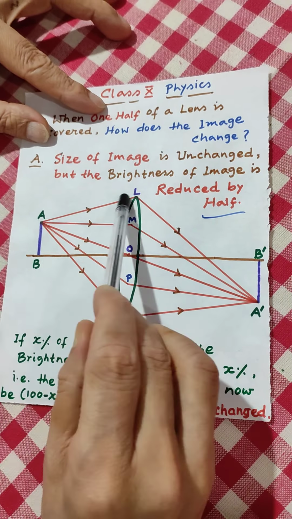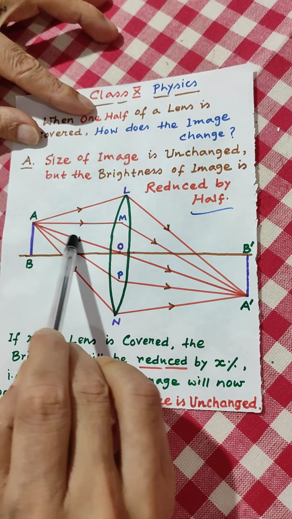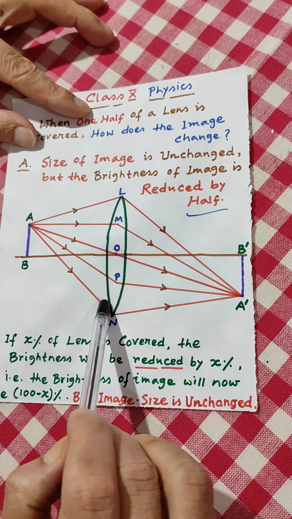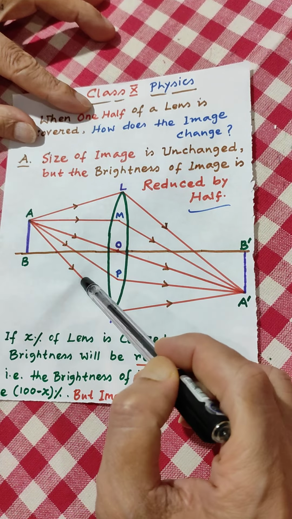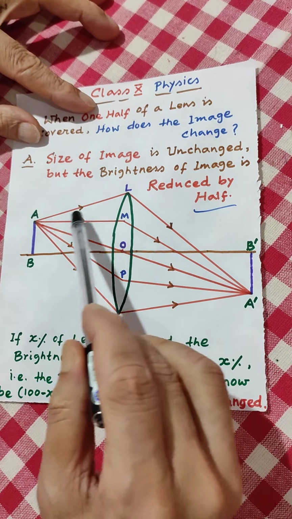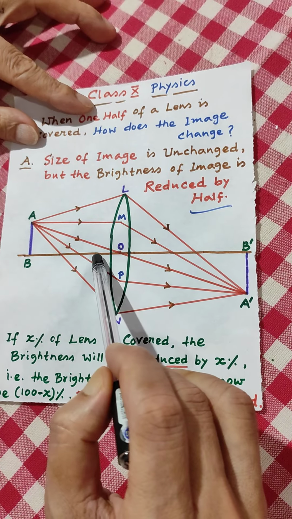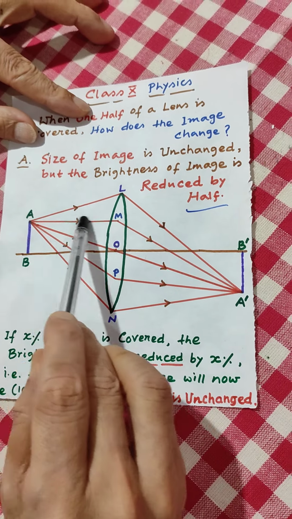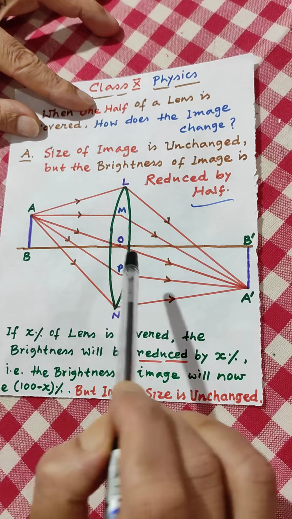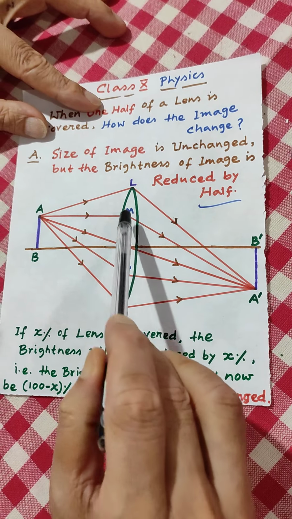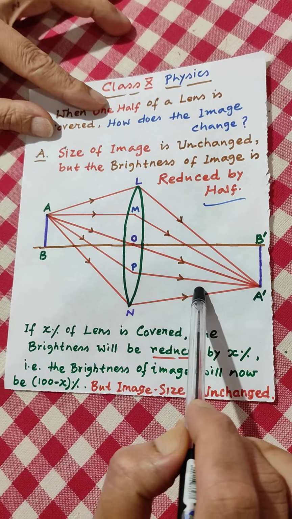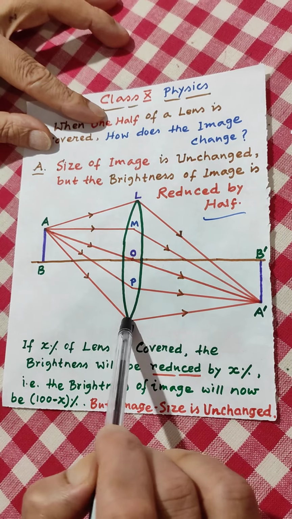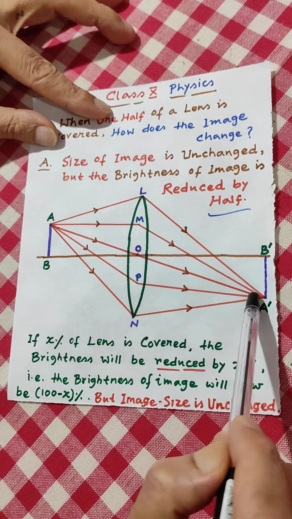Now A is the object point. From A, innumerable rays are falling on the lens. Here I am showing you only 1, 2, 3, 4, 5 incident rays, but there are thousands and millions of incident rays. If there are 1 million incident rays, then those 1 million rays will pass through the lens and become the emergent rays.